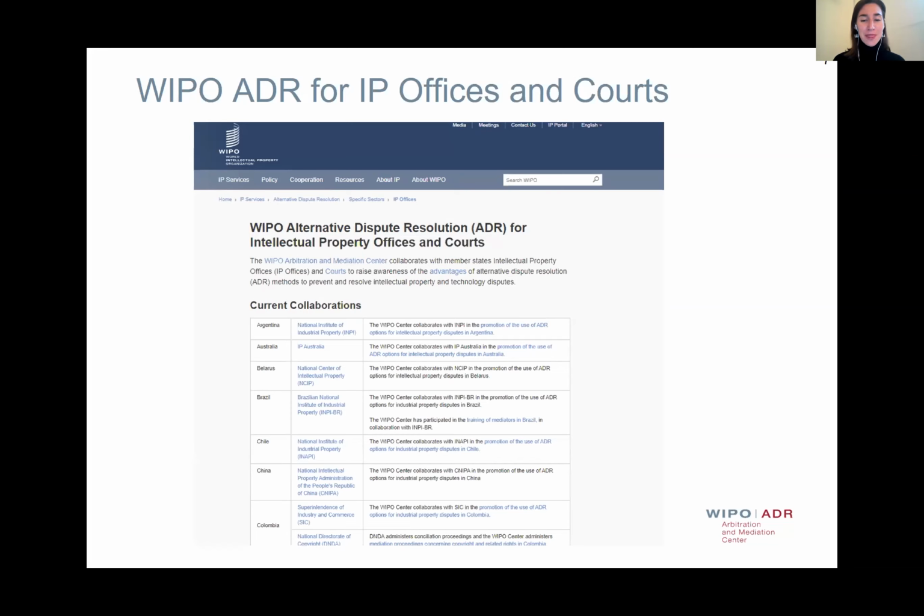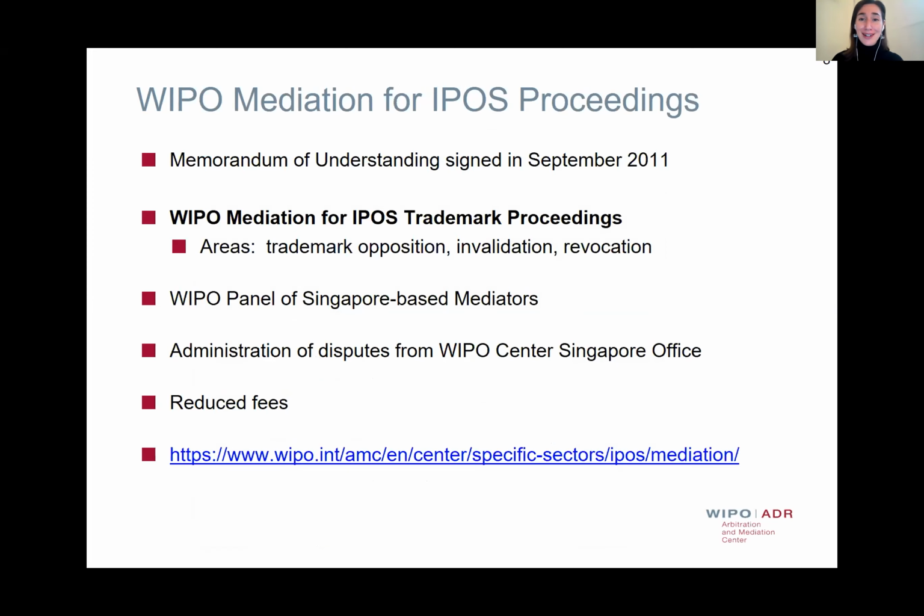And so because we're part of WIPO, we also collaborate with an increasing number of intellectual property offices as well as courts. Now the list is much longer than that. This is just the beginning of the list. And IPOS, the IP office in Singapore, was actually the first collaboration that we have had since 2011.